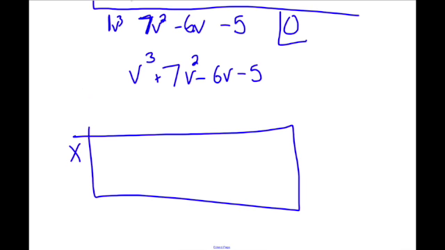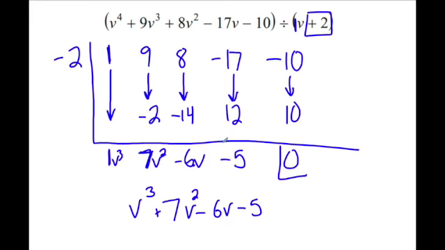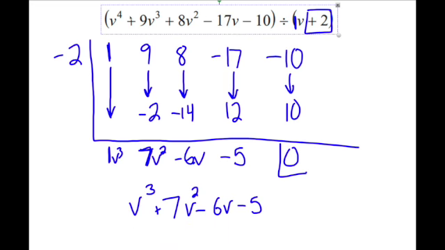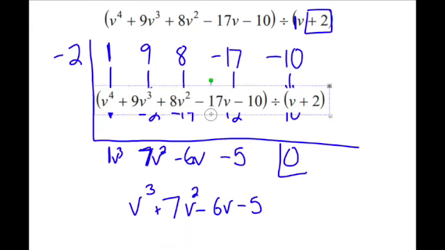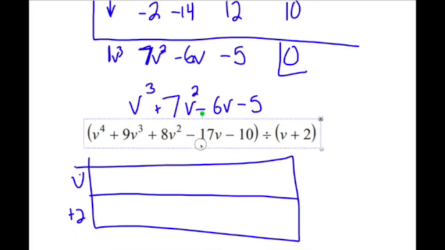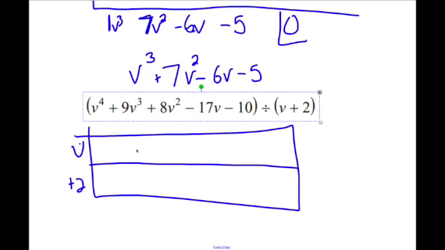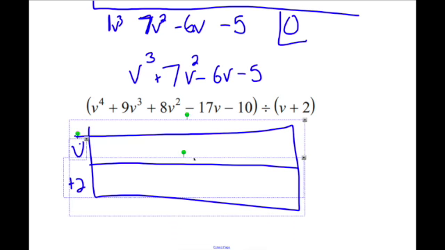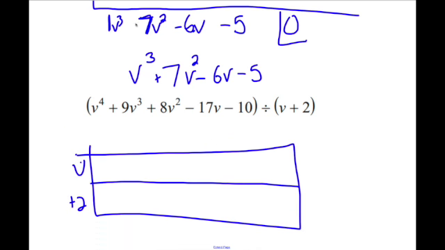Okay, so here we're going to do v plus 2, and I'm going to copy this down so we can see. We're going to do the same problem and show that we get the same answer. So you can see the box really is working.